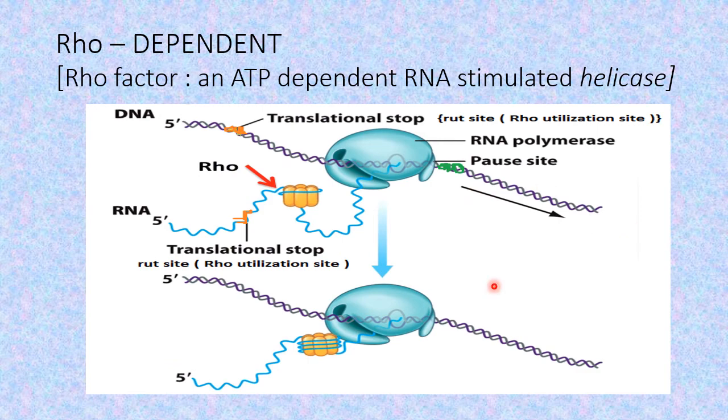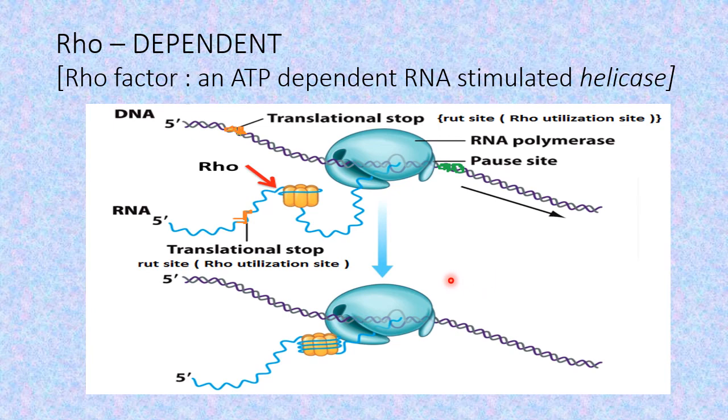Now the other mechanism of termination of transcription in prokaryotes depends on the presence of a protein factor, the Rho factor. Basically this protein has helicase activity, that is it opens the helix, and for the purpose it requires ATP. So this protein that is referred to as the Rho factor is an ATP dependent RNA stimulated helicase.